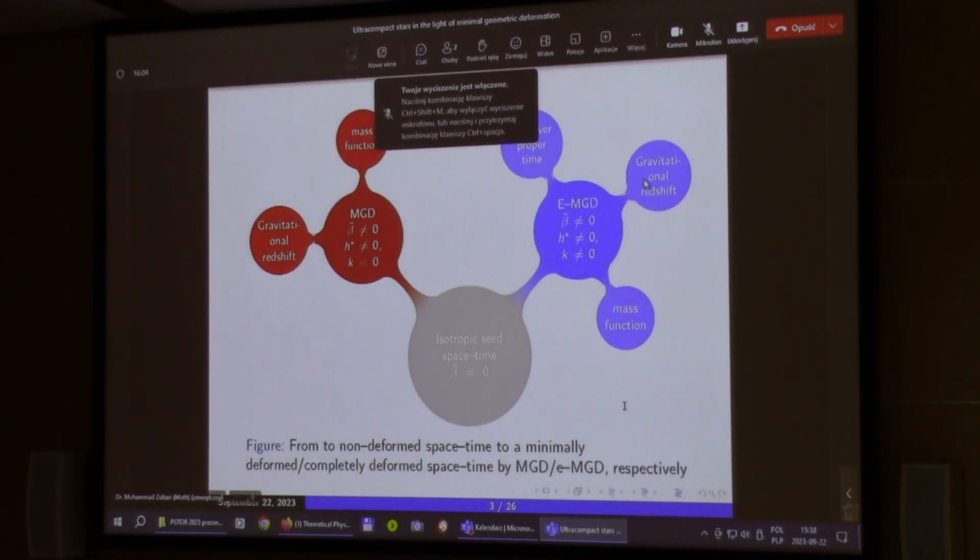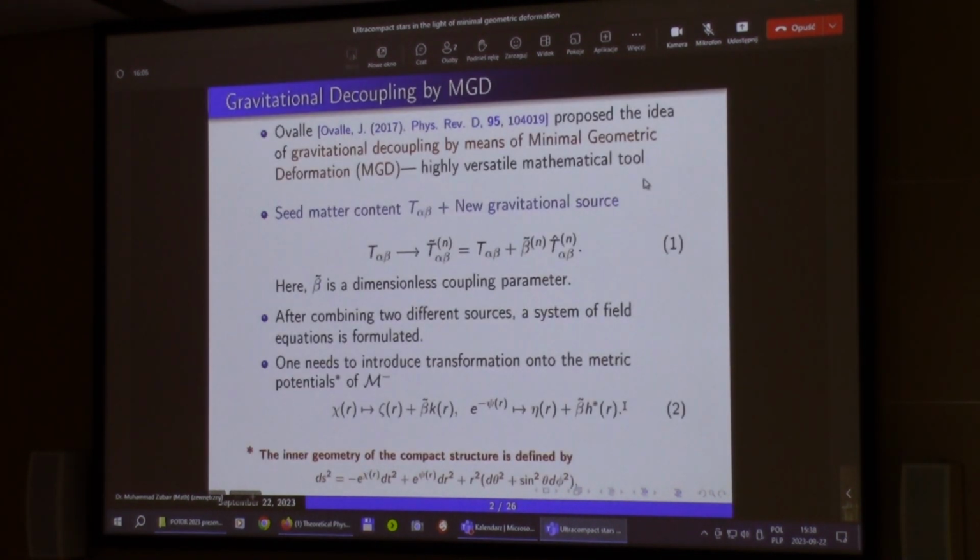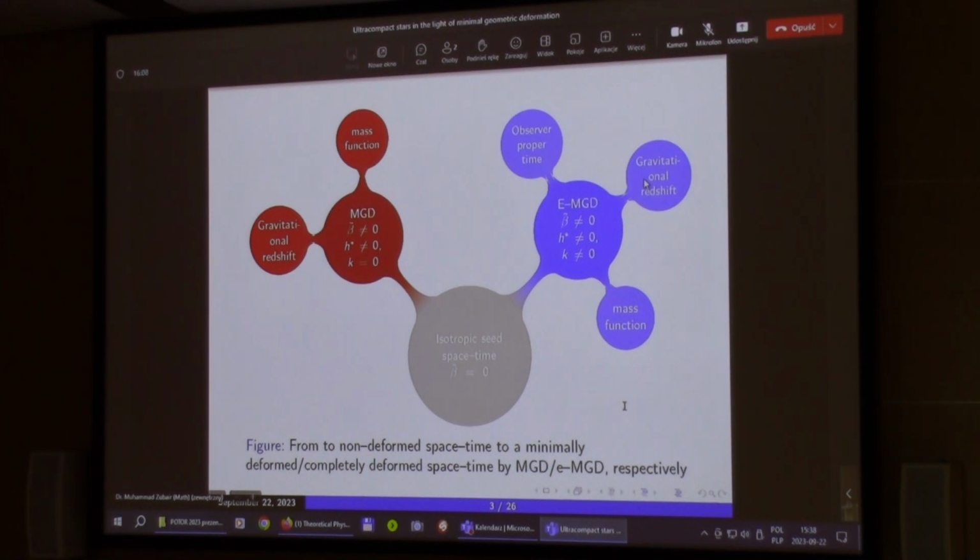Depending on the choice of these functions, we have two different approaches. Initially we pick up the isotropic seed spacetime and isotropic fluid, like the perfect fluid. Then we try to introduce the anisotropy in that case. In the MGD approach, beta is non-zero and h star is non-zero, but we pick k equal to 0.